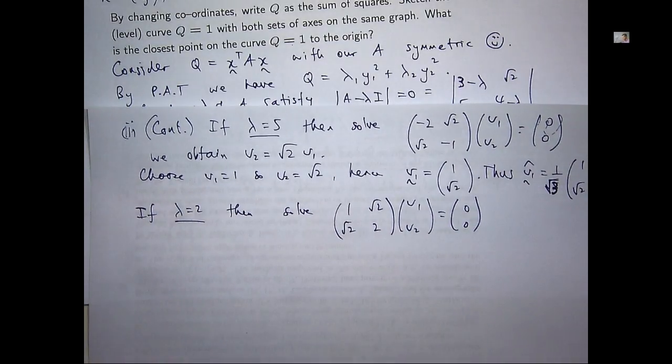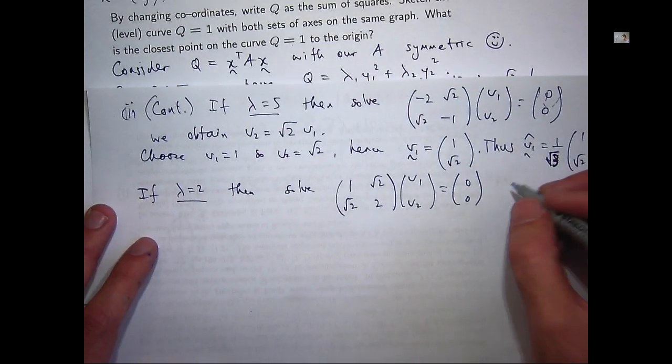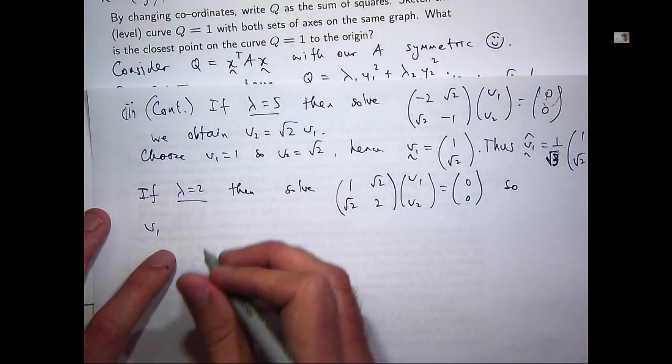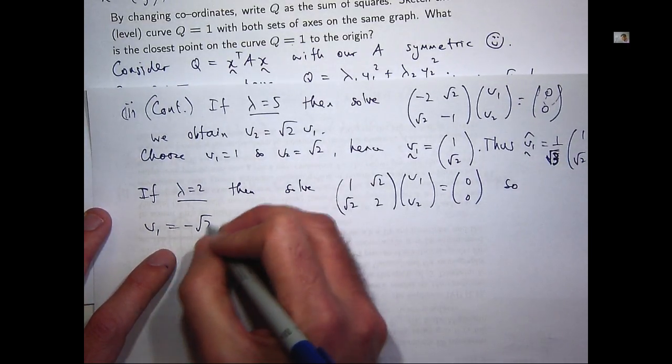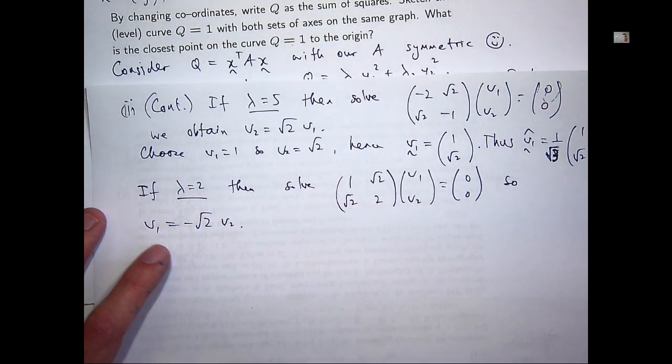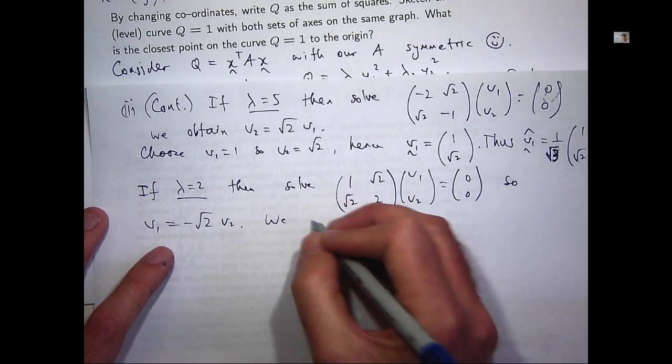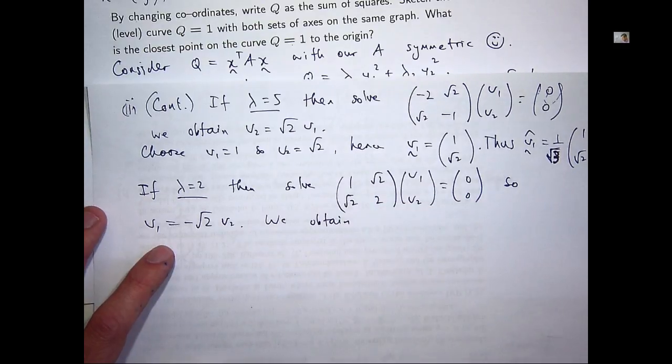Okay, so it's similar to the previous case, except we've just got v1 equals minus root 2 v2. So let's say we choose v2 equals 1.